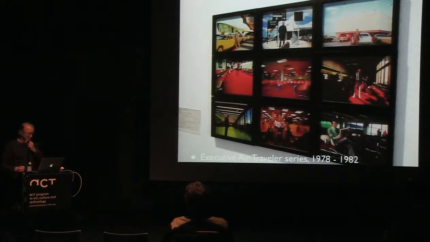I was trying all these different things, but I did this project, which was a series of self-portraits taken in airports, and titled The Executive Air Traveler, which was a United Airlines promotion that preceded the whole mileage thing, which had not started to happen yet.